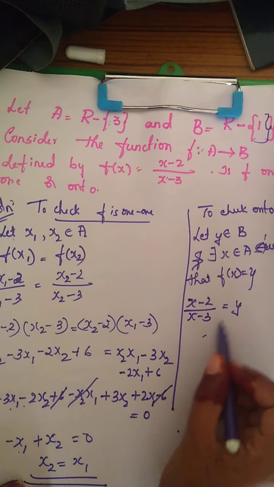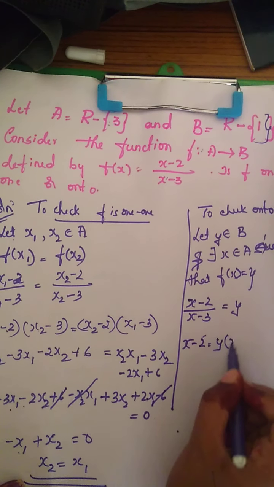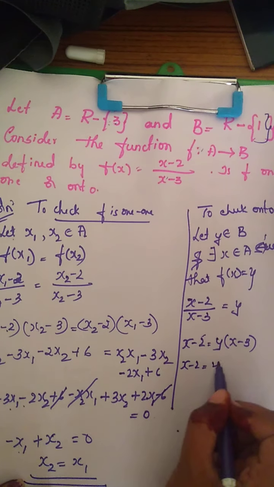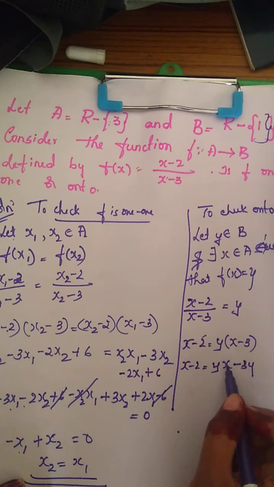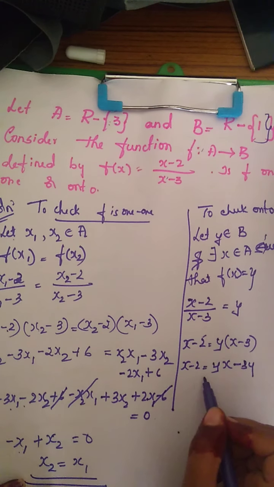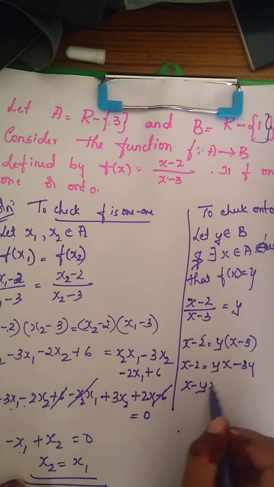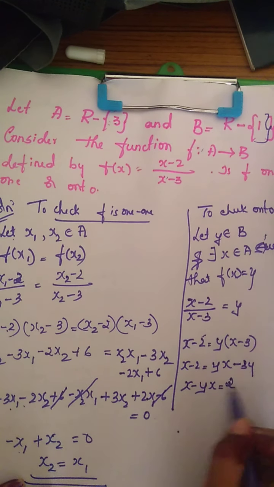So that becomes x minus 2 is equal to y into x minus 3. So it is x minus 2 is equal to yx minus 3y. I'll take x terms together, and other terms I'll take to the other side. So x minus yx is equal to minus 2, and if I take it to the other side, it becomes plus 2.